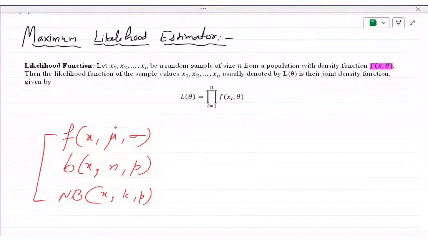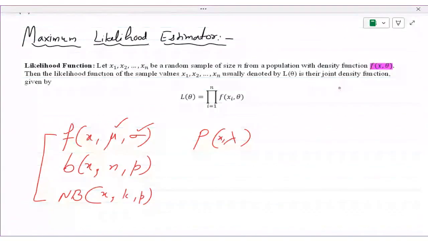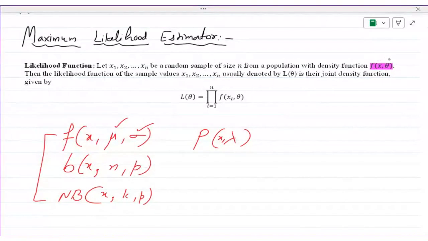Like in normal distribution, mu and sigma were the parameters. In the Poisson distribution, the parameter was lambda, the average number of events. So in every distribution, we have some parameter, and that we are denoting by theta. It depends on which distribution we are talking about.